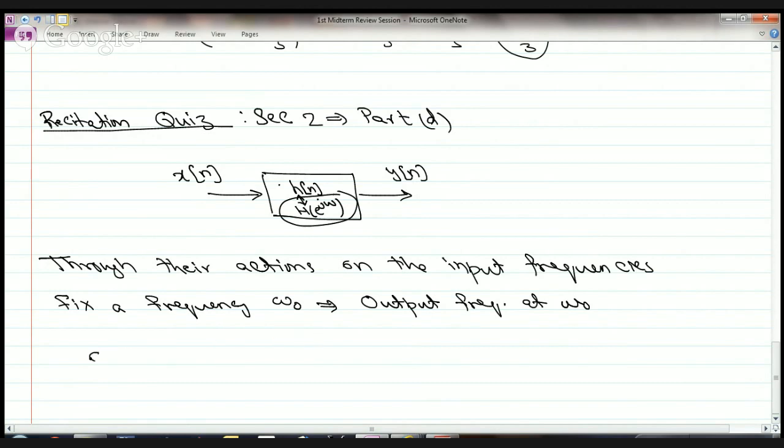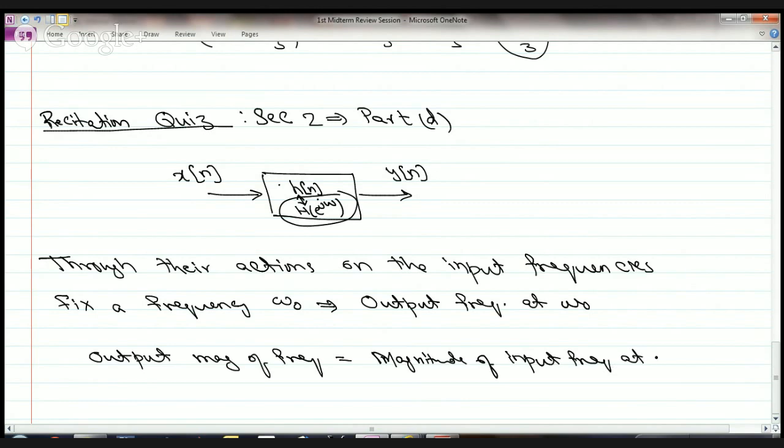The output magnitude of frequency is going to be multiplied with the magnitude of the input frequency, the magnitude of input frequency at omega naught, times the magnitude of the frequency response at omega naught.